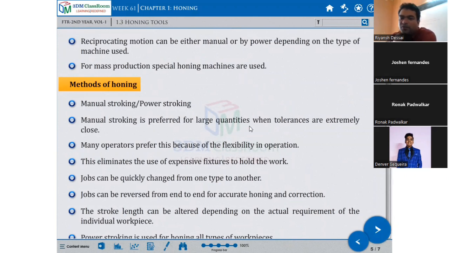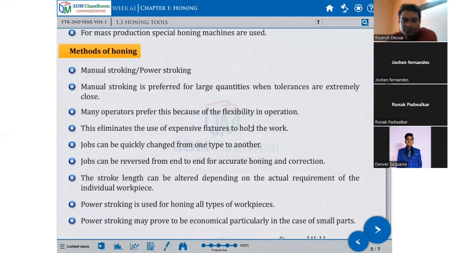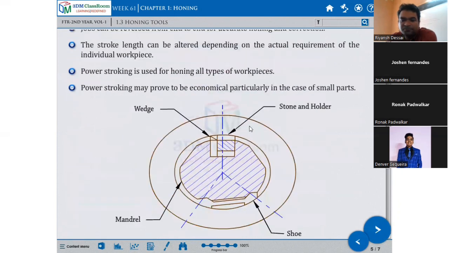It eliminates the use of expensive fixtures to hold the work, the job can be quickly changed from one type to another, and the job can be reversed from end to end for accurate honing and correction. Stroke length can be altered depending on the actual requirement. The power stroking is used for honing all types of work. The power stroking may prove economic, particularly in the class of small parts.